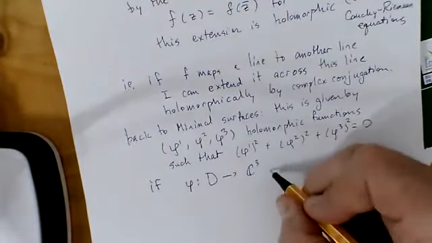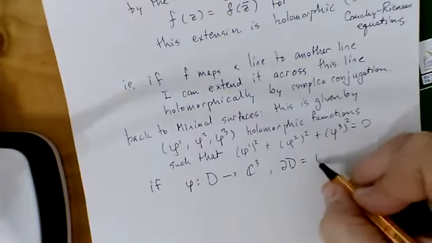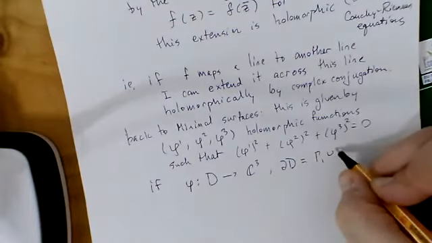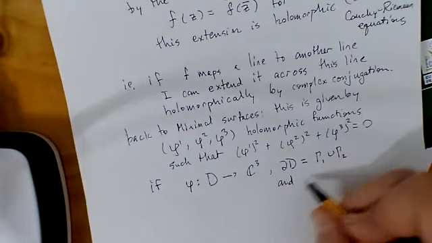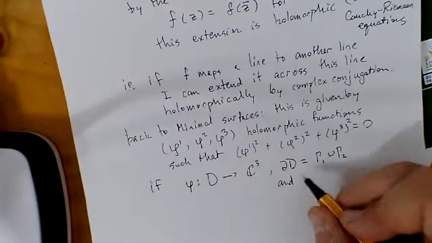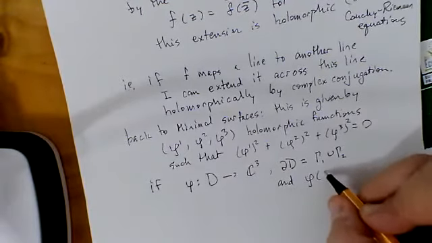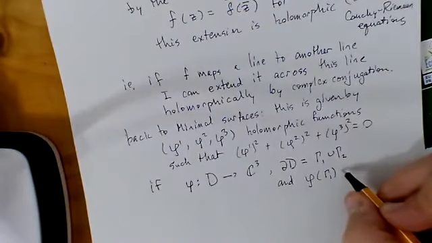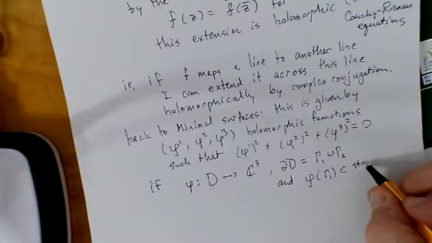It's not defined as above, and I write the boundary of this domain as gamma 1 union gamma 2, and phi of gamma 1 is contained in a straight line.